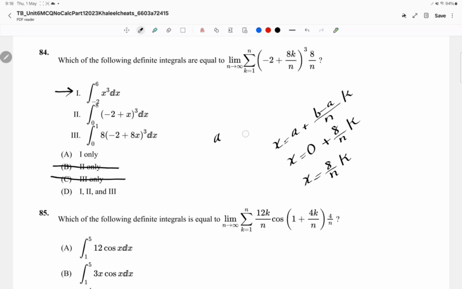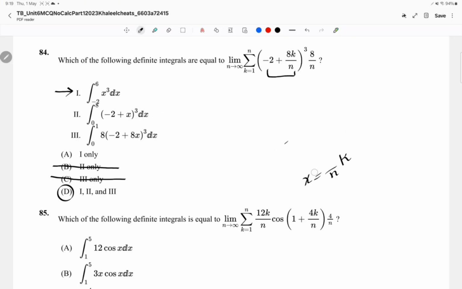So if that's the case, then this would be negative 2 plus 8 over nk, cubed, right? And guess what? It's right here. Negative 2 plus 8k over n, cubed. That means that choice 2 is also correct, so it has to be D. That means that choice 3 also has to be correct.